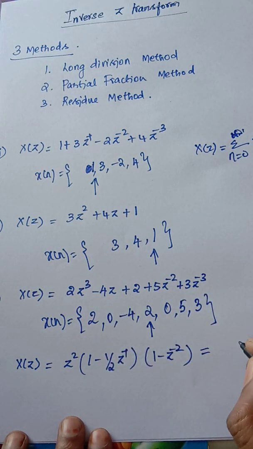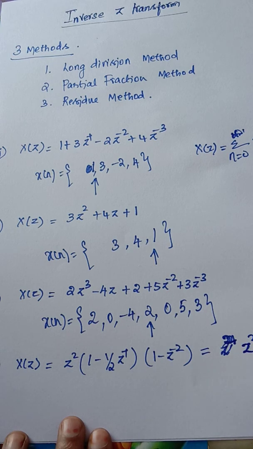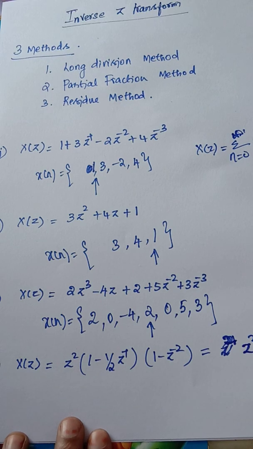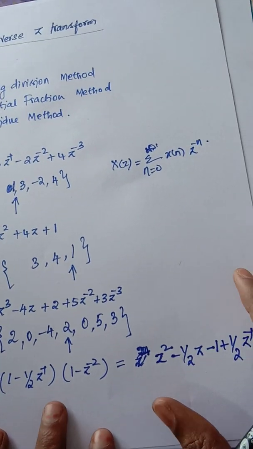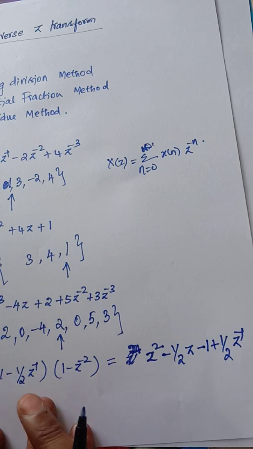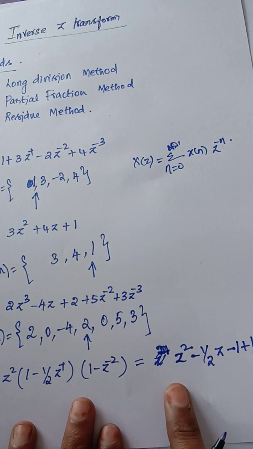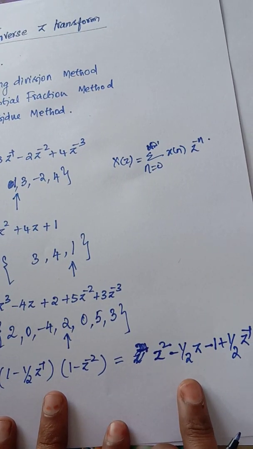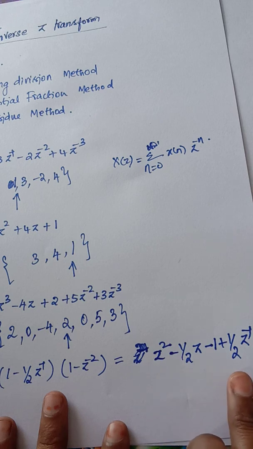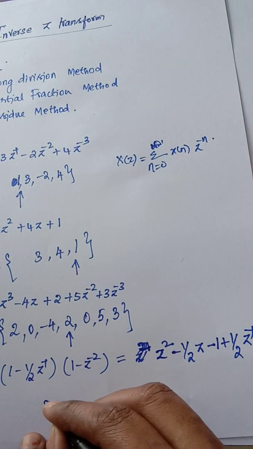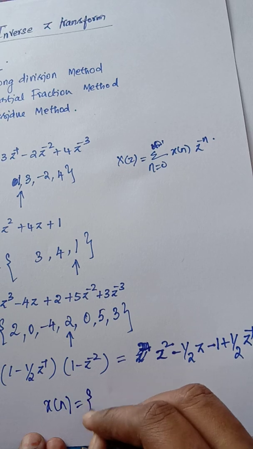When you perform the multiplication you get z square minus 1 by 2 z minus 1 plus 1 by 2 z inverse. From this you can directly find the sequence values.